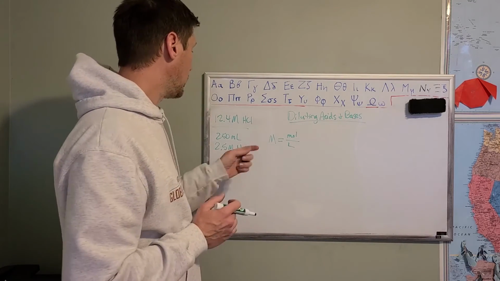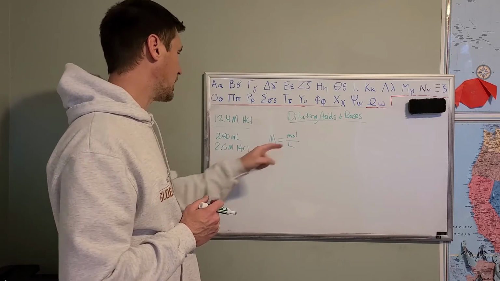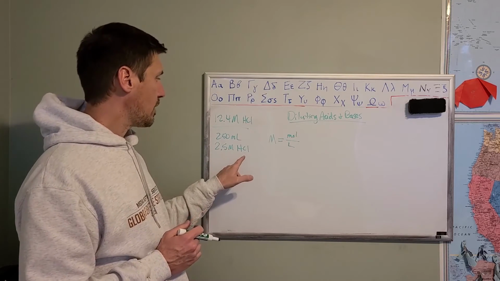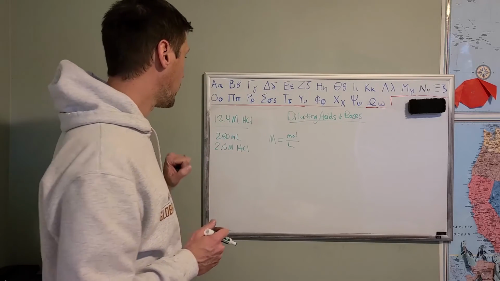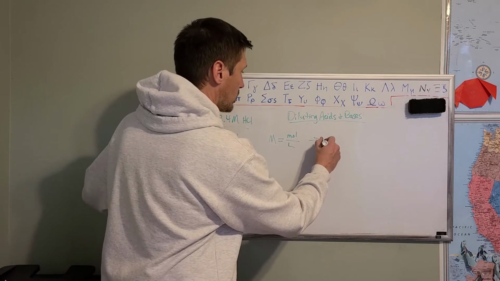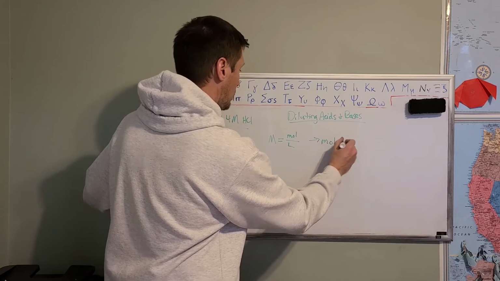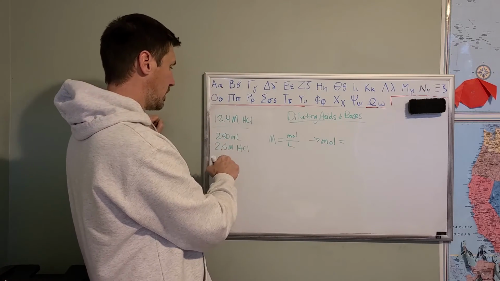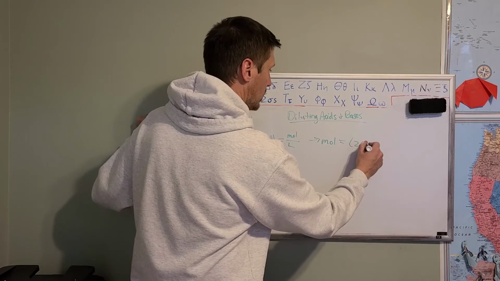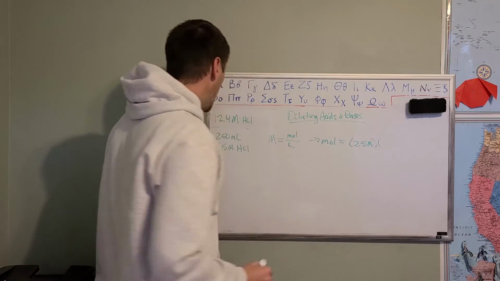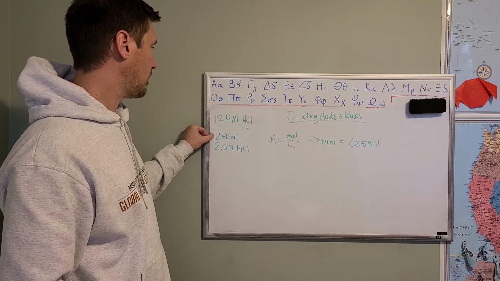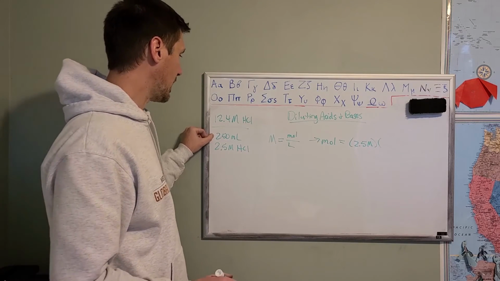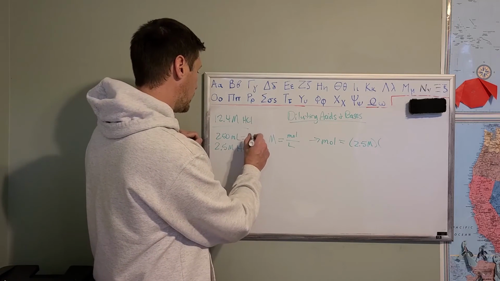Knowing that, we can calculate the desired number of moles of HCl in this diluted solution. So the moles are equal to the molarity of the solution, which is 2.5, that's what we want, times 250 milliliters of that. Let's convert that to liters: that's 0.25 liters.